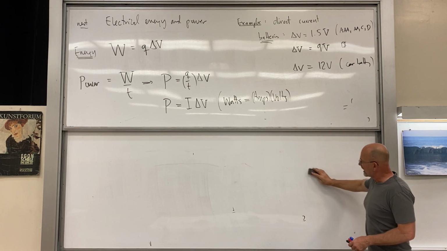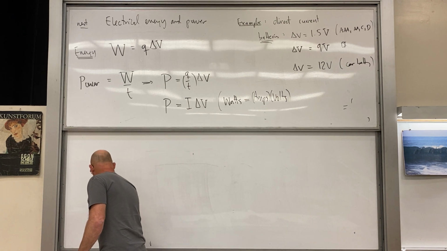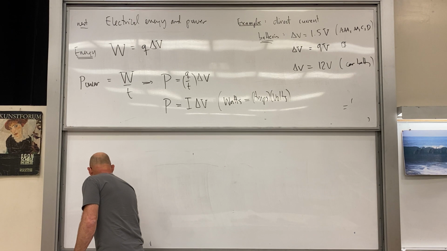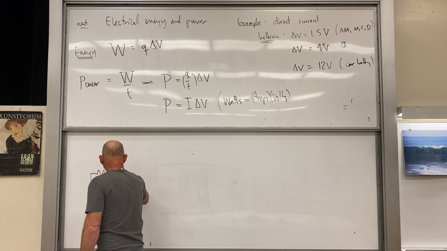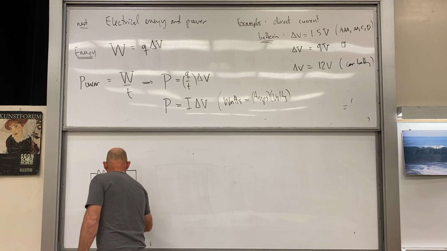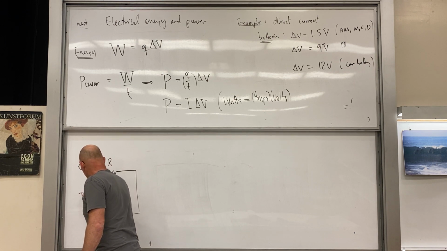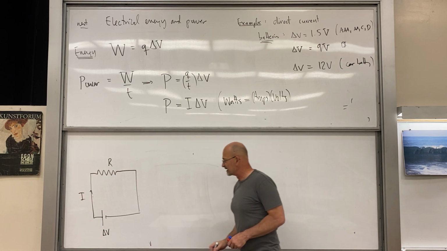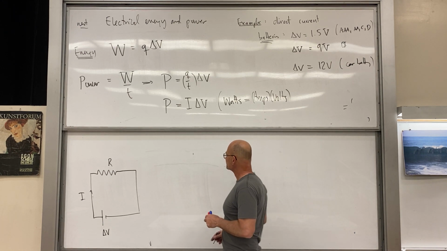I won't redraw the light bulb, that's what we just had here, but now we're looking at a battery, delta V, a resistor, R, and we're going to have a current I like that. And think of the light bulb.